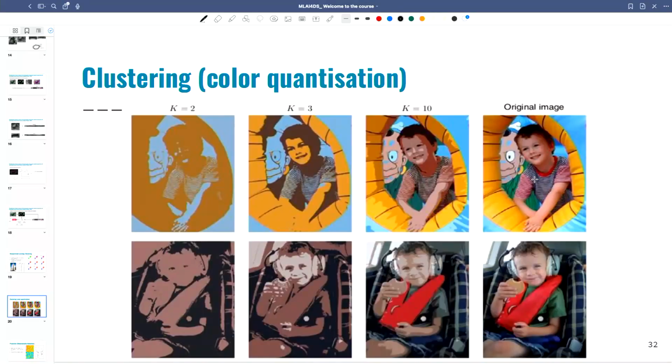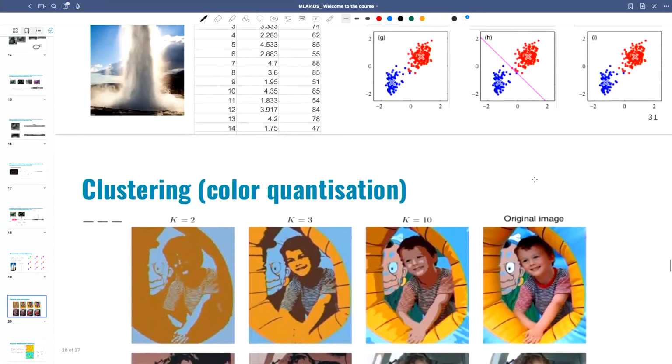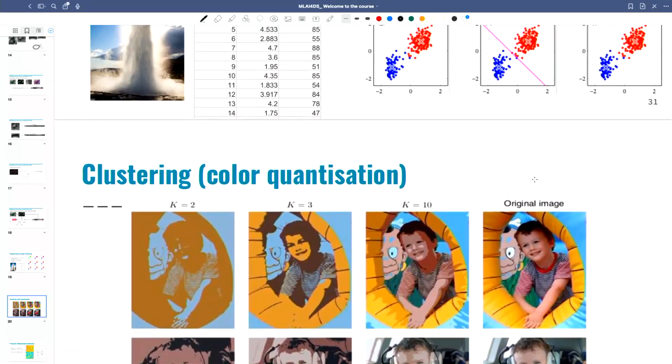And then you apply the k-means algorithm with k equal to 2, 3, and 10, et cetera, to cluster the pixels, the way that you did for the geyser data set. Nothing will change except for the dimension and the number of clusters.